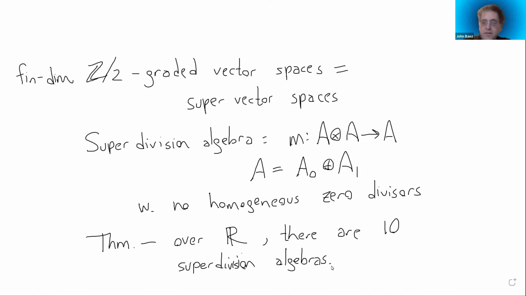And so that's the quickest way to see where the 10 is coming from in the tenfold way.